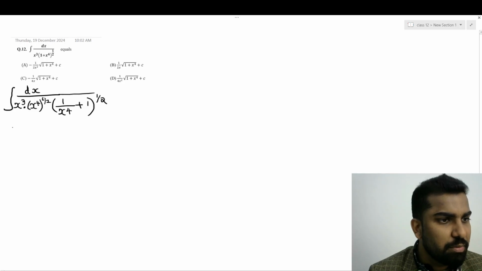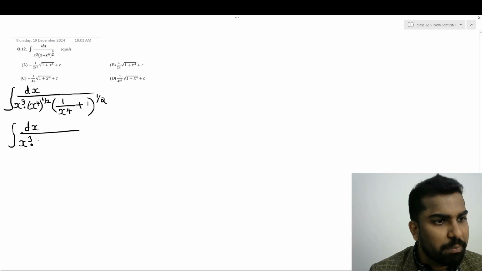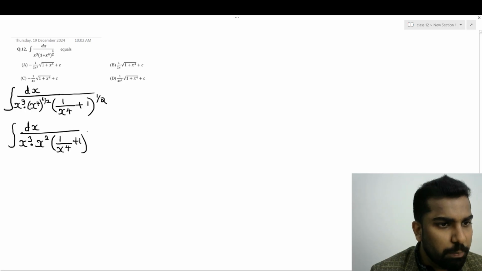This becomes the integral of dx divided by x power 3 into x square, since x power 4 whole power 1 by 2 means x square, into (1 divided by x power 4 plus 1) whole power 1 by 2.